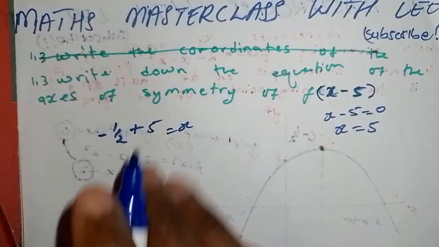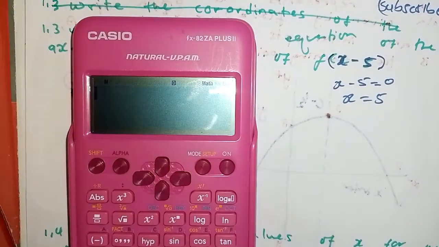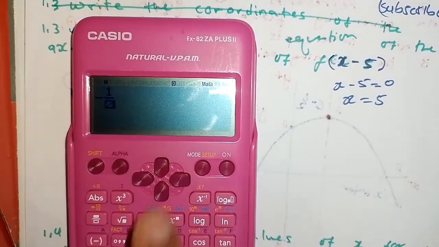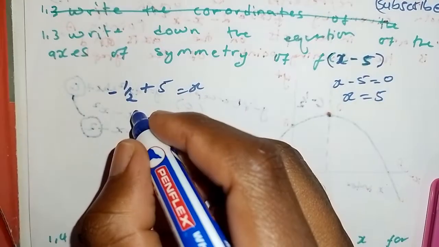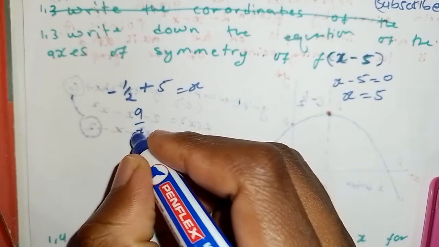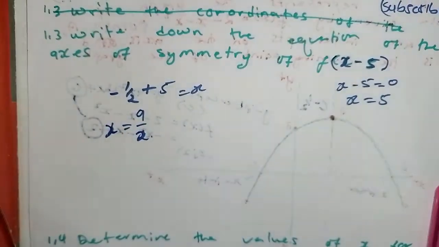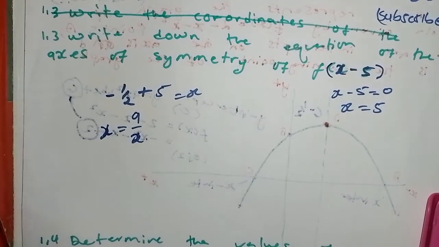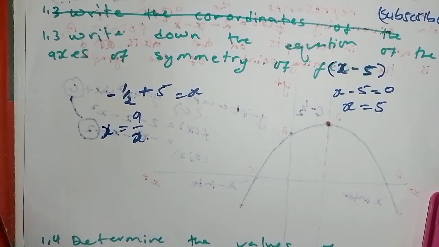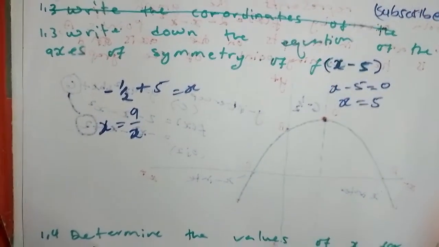It's minus 1/2 plus 5, we're going to get 9/2 over 2. This is your axis of symmetry. In all the cases, this is how you calculate the axis of symmetry.